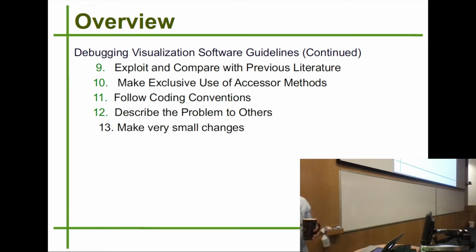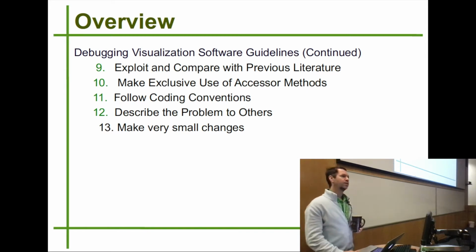And all of these guidelines are based on experience, my own experience and reading literature. I've read a lot of literature on software engineering and visualization, for example. And I've spent many years developing visualization algorithms and software in industry, not just academics.